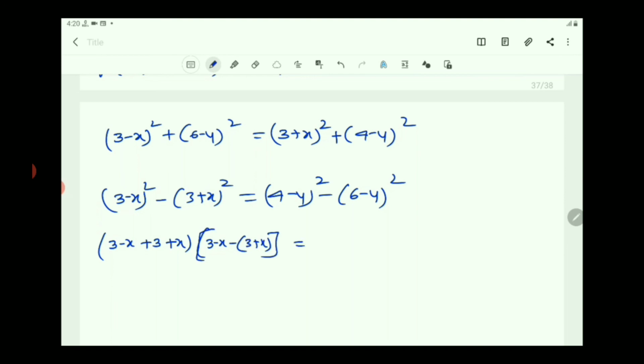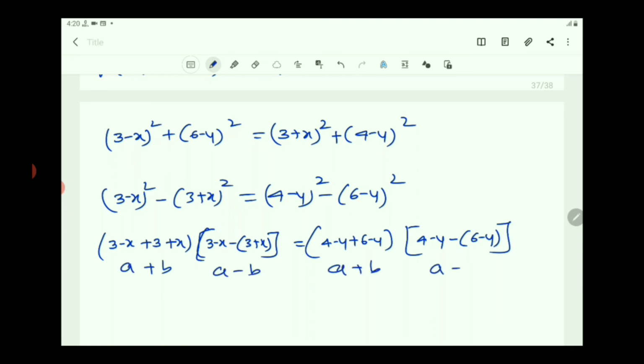Here also (4 minus y plus 6 minus y), one factor, and the other factor (4 minus y minus of 6 minus y). So while taking minus of b, you must take the bracket for 3 plus x and 6 minus y, since two terms are there. Otherwise the bracket is not required.